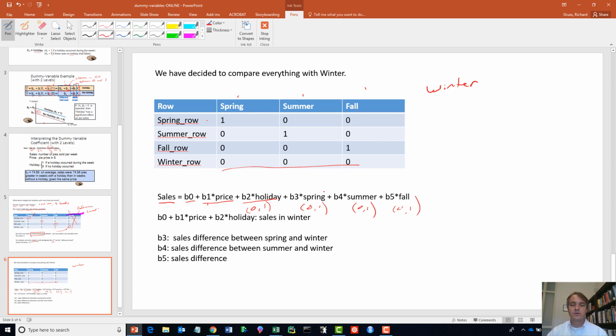In that case, the shortened version of this, if it's winter, means this is 0, so that falls out. That's 0, that falls out. That's 0, that falls out. So we're just left with this part. This is why sometimes winter is called the base level.